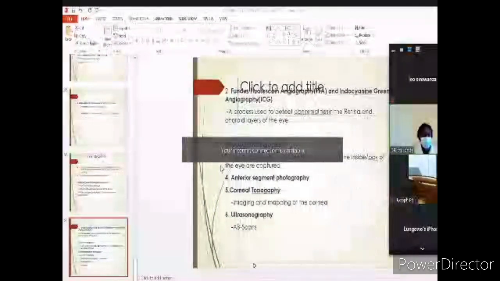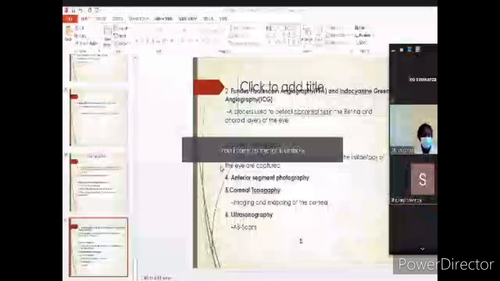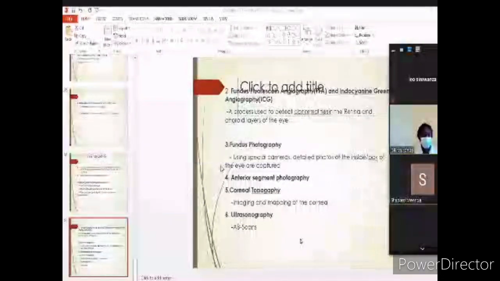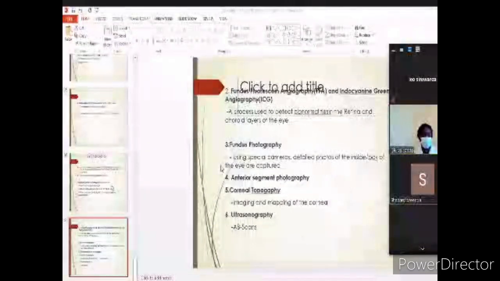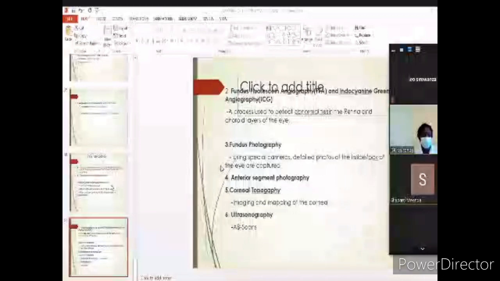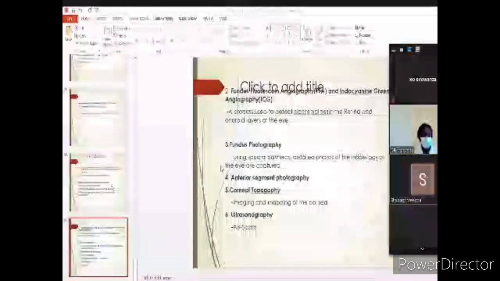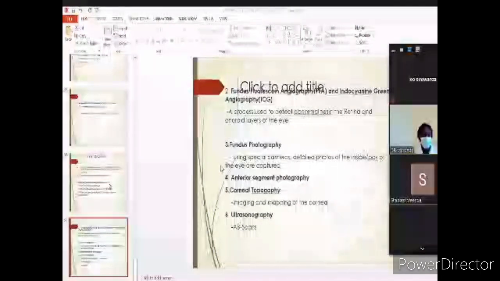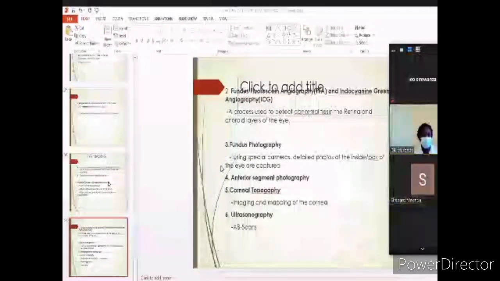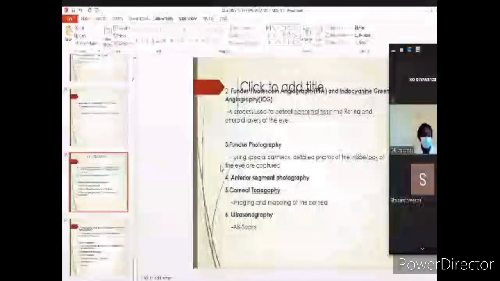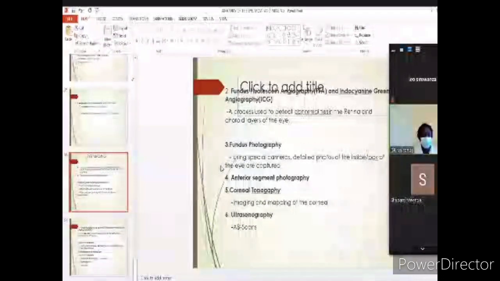Madam, I have a question. Yes, please. On the previous slide, just before this one. No, not on imaging. The eye movement. Yes, the first one. The ductions. Yes, the ductions.